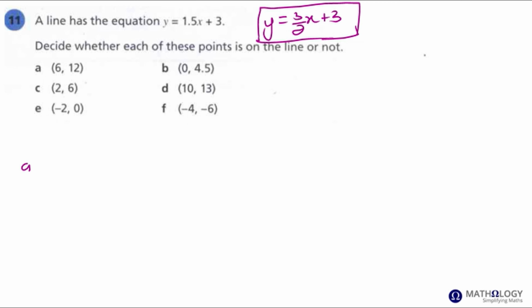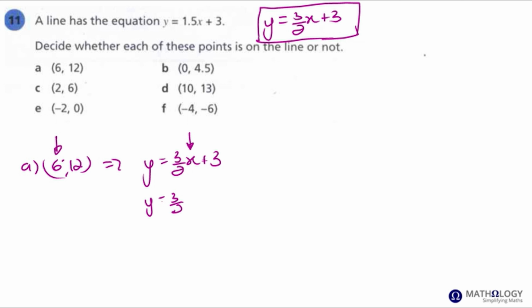So if we take the point 6, 12 and substitute it into the function y equals 3 over 2 x plus 3, we take the x value and substitute it in for x, then we'll have 3 over 2 times 6 plus 3. That'll be 3 times 3 is 9 plus 3 is 12. The fact that we get 12 here and 12 is the y coordinate, that means that this point does lie on that function.